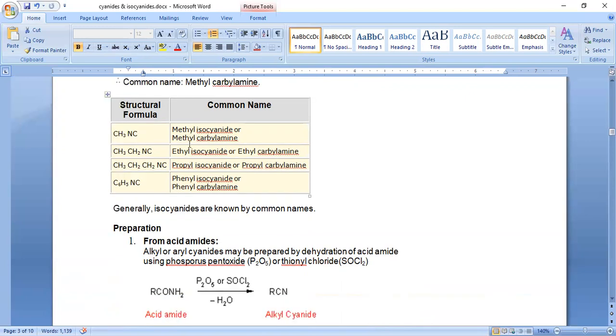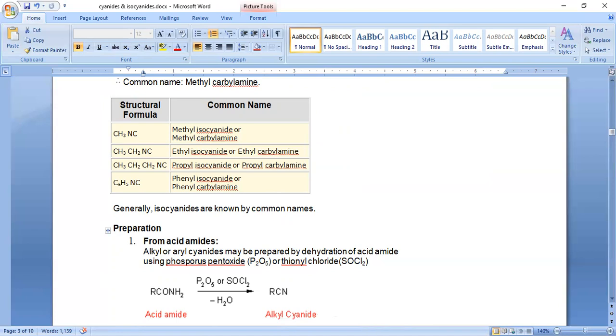So the last letter of the primary suffix is replaced with yl and then followed by isocyanide or carbylamine. Or else, in some IIT standard books they mention it as methane carbylamine.